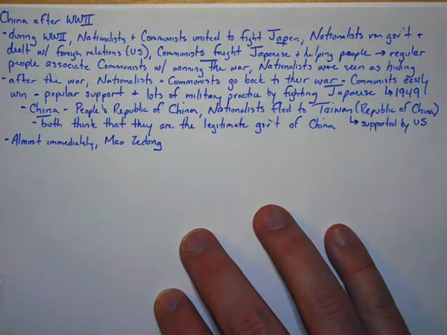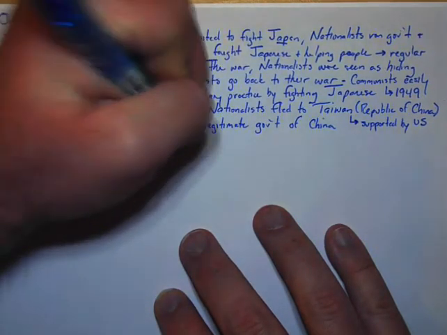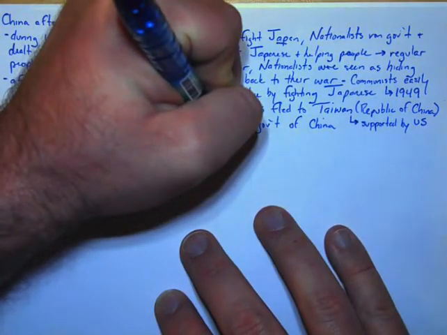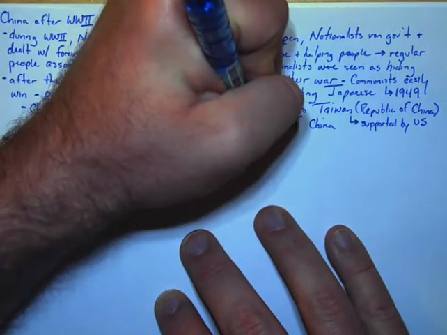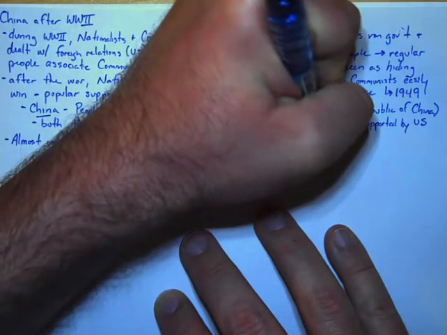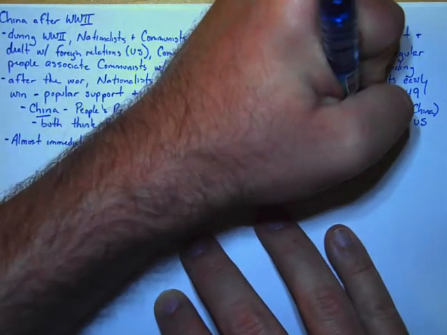Almost immediately, Mao starts reforming the Chinese economy and society.